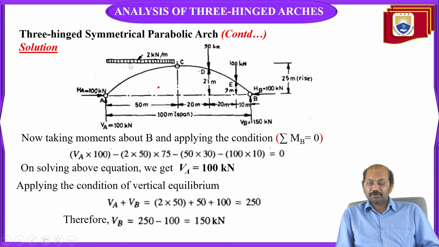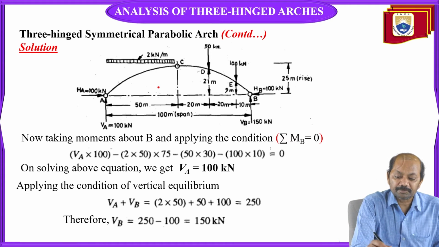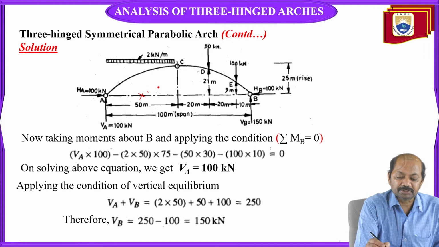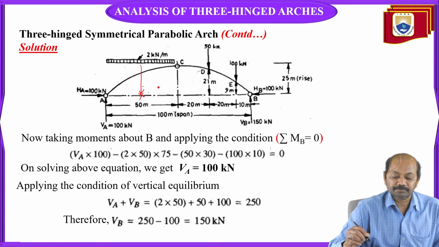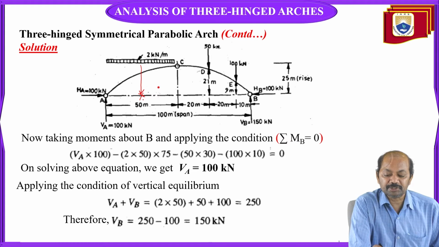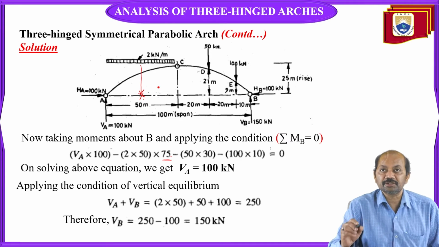This load acts at the center of this, that means it is at 25 meters from support A. Then it will be 75 meters from support B. So from this point to support B, it will be 75 meters. That is why this distance is written.